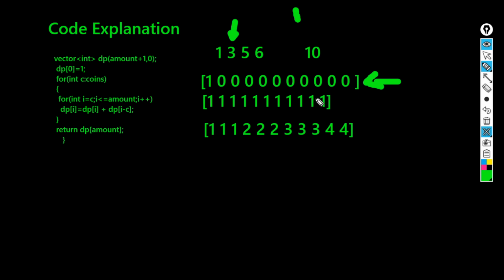And how many ways can we make 9? One way. So the index represents the number of ways in which a number can be represented. So 1 can be represented one time, 2 can be represented one time, 3 once, 4 once, 5, and all the values till here. If we take the value 1, then all the values can only be represented in one way, because if we have to construct 10, then how can we construct it? Only 1 1 1 1 1, no other combination is there.